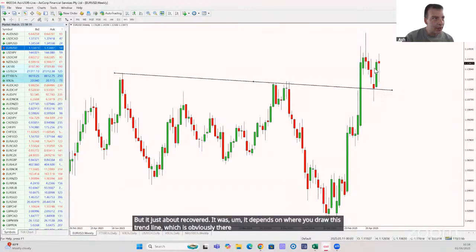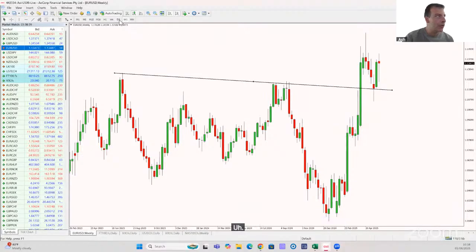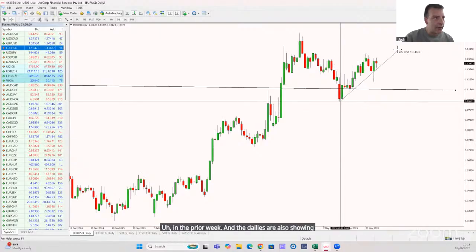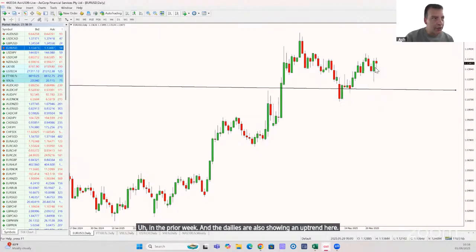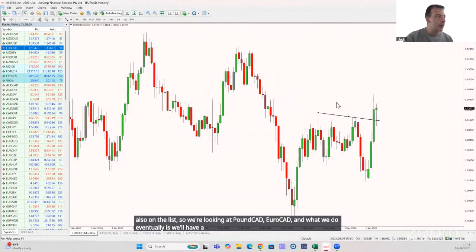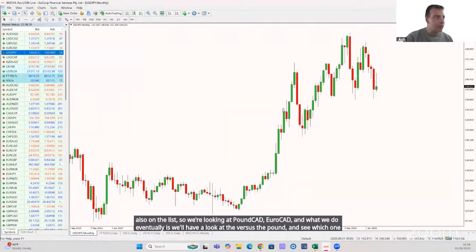Then we had a nice bullish move in the prior week, and the dailies are also showing an uptrend here with another nice looking bar on Thursday, another hold bar. So the euro CAD is also on the list. We're looking at pound CAD, euro CAD, and what we do eventually is look at the euro versus the pound and see which one we think is the strongest.